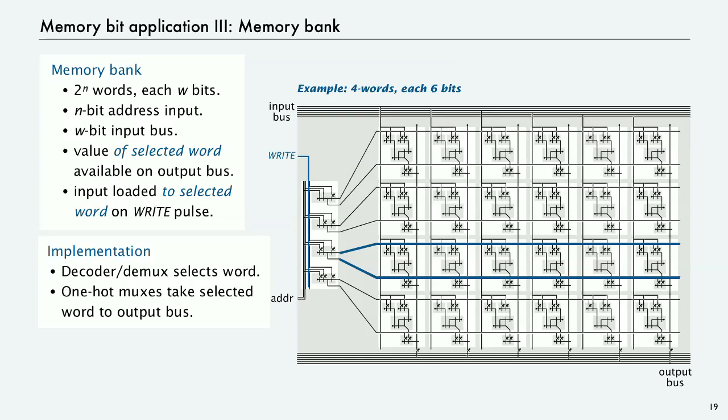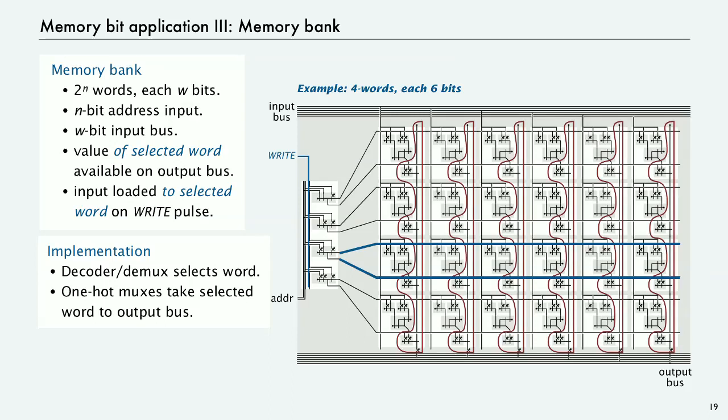And then we've selected a word, we want its value, but we have to collect the output values. Only one of them is going to matter for each bit position, the one for the selected word, so only one of them could possibly be 1.